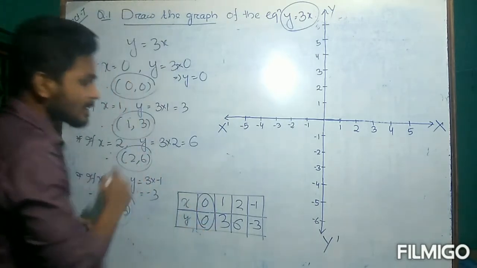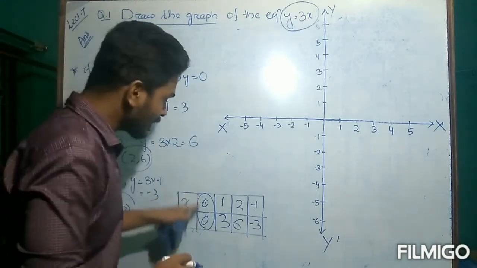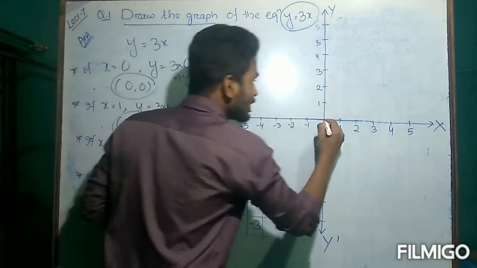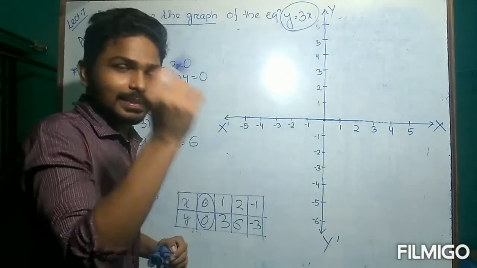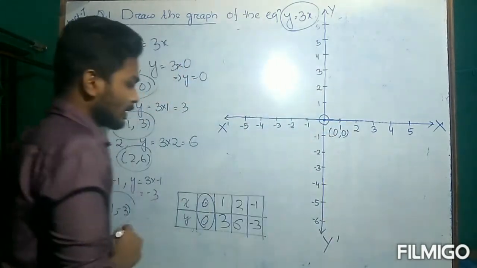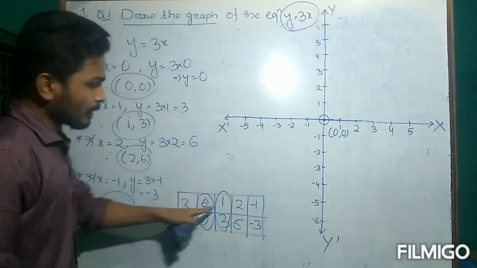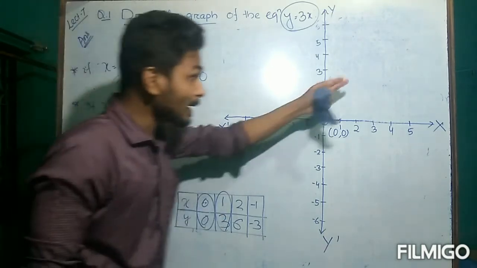So let's represent the first point. The first point coordinates are (0, 0). That means this is nothing but the origin. As we know, the coordinate of the origin is (0, 0). So this point represents (0, 0). Next point is (1, 3). It has a positive sign, it has a positive sign. So this point should lie in quadrant 1.